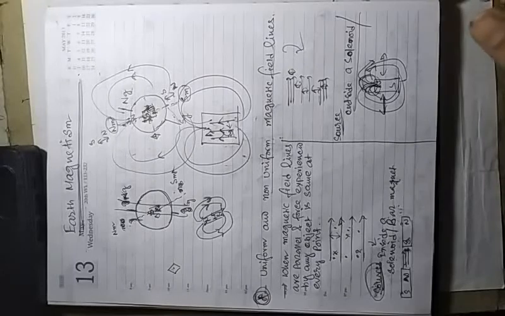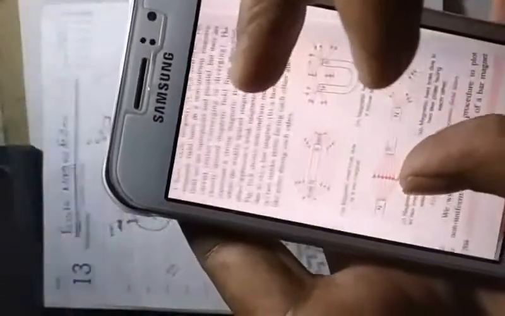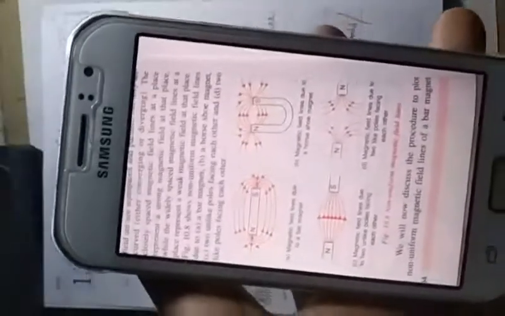Okay, there is some picture in your book, you must check it. Some pictures show how the uniform and non-uniform lines are drawn, from a bar magnet and horseshoe magnet. I am showing you, students, here. It will be important. Maybe the drawing will come in the exam sometime.